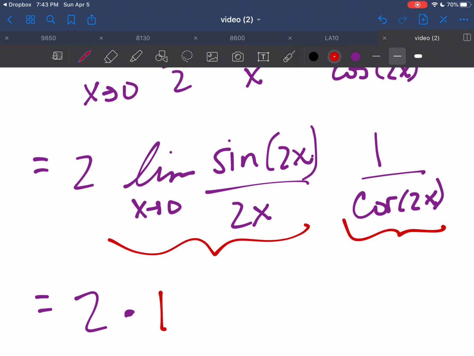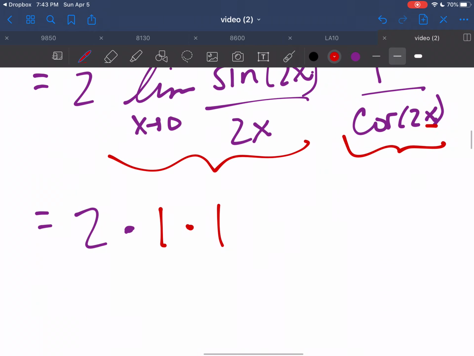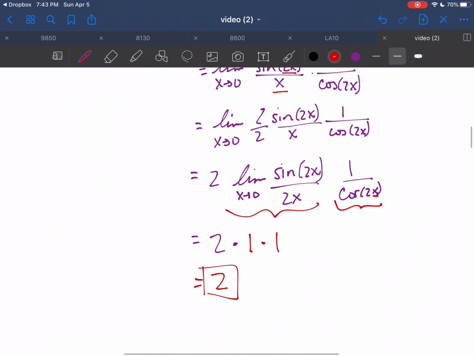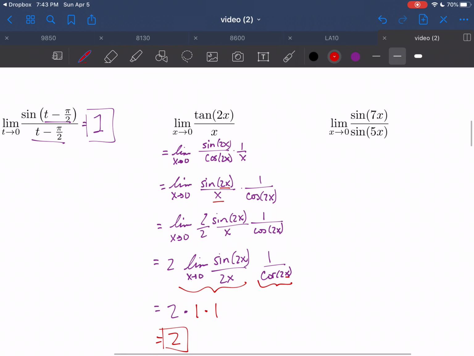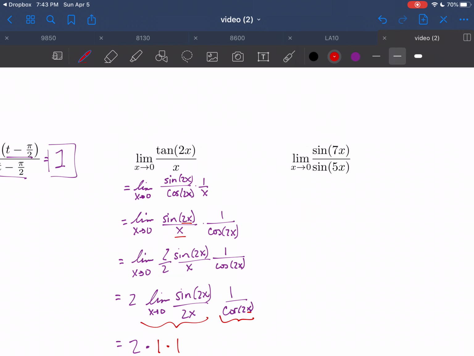Then this limit is also equal to 1, because we can just plug 0 in for x, and we get 1 over cosine of 0, which is 1. So our final answer for that one is 2. If you get a tangent or something, you can always split it up.